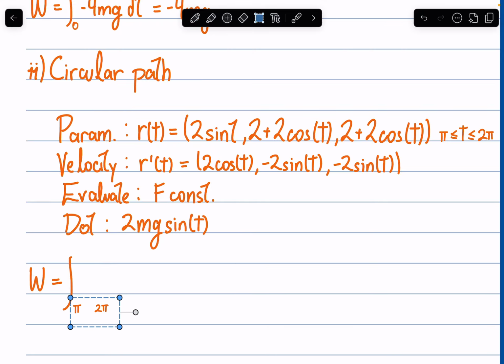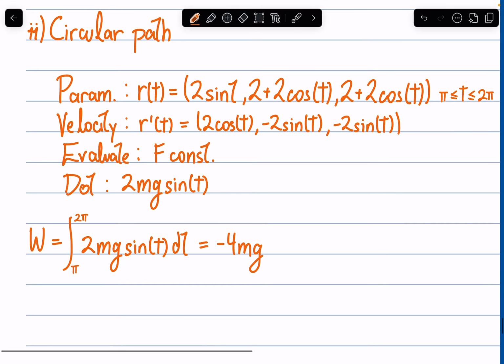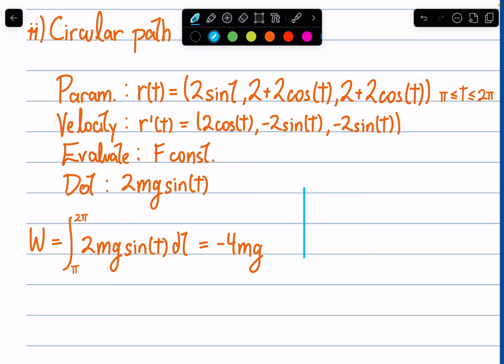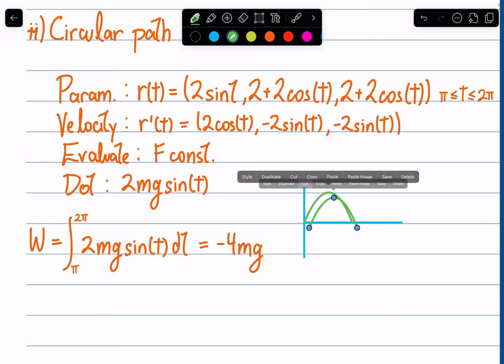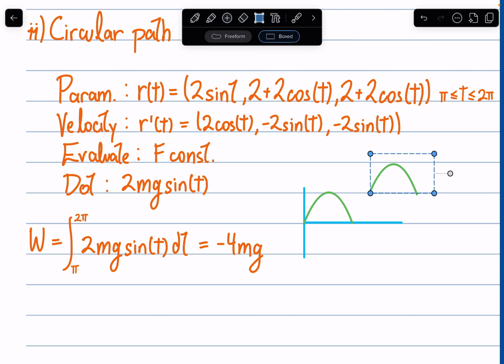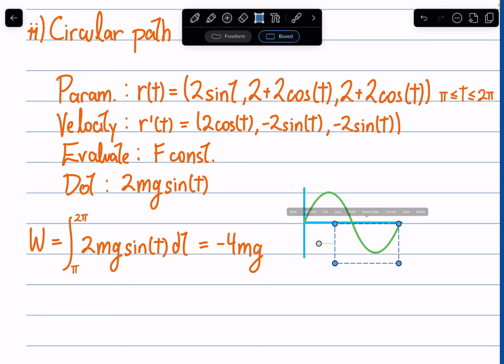Observe that the integral from pi to 2 pi of the quantity 2mg sine t dt is 4mg. Sorry, negative 4mg. Why is it negative 4mg? The way I think of this is that when you graph the sine function, each lobe has an area of 2, but we're integrating the second lobe of the function right here.